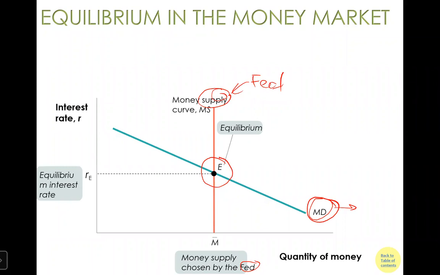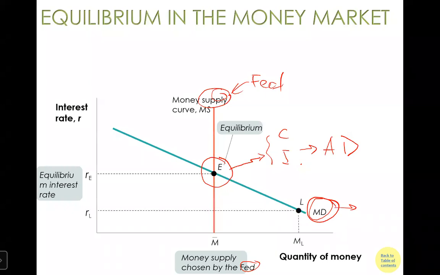The interest rate is what we are interested in, and eventually this interest rate is going to affect aggregate demand through affecting consumption, investment, and so on and so forth. Now let's see how this interest rate is determined in equilibrium.